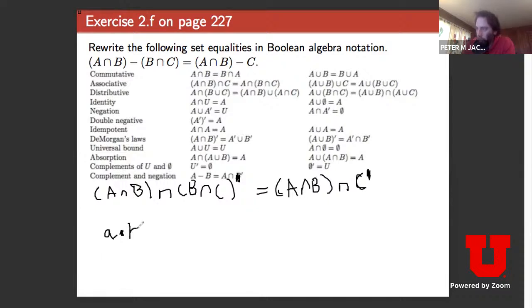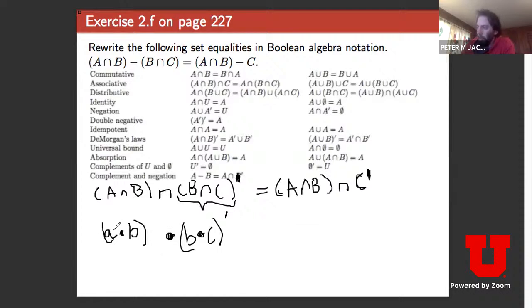So this becomes a dot b, and then we have B intersection C, so that becomes little b dotted with little c, and then we had a complement, so we use the same symbol for complement in Boolean algebra that we do in set notation. So this just becomes a prime, and then we still have this dot to indicate this intersection.